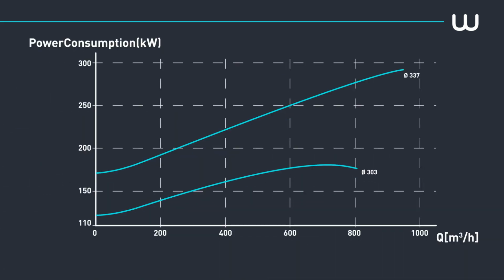Lastly, it is necessary to define the power consumption at the pump shaft. This data is also determined thanks to a curve provided by the supplier. The pump with an impeller measuring 337 millimeters and discharging 600 meters cubed per hour consumes 250 kilowatts of energy.